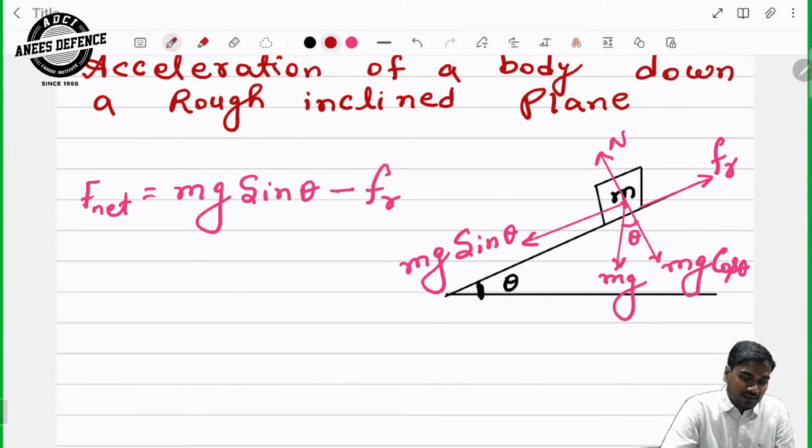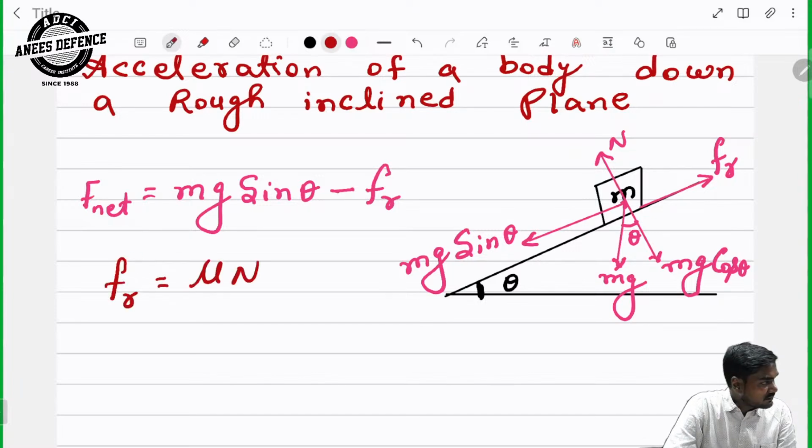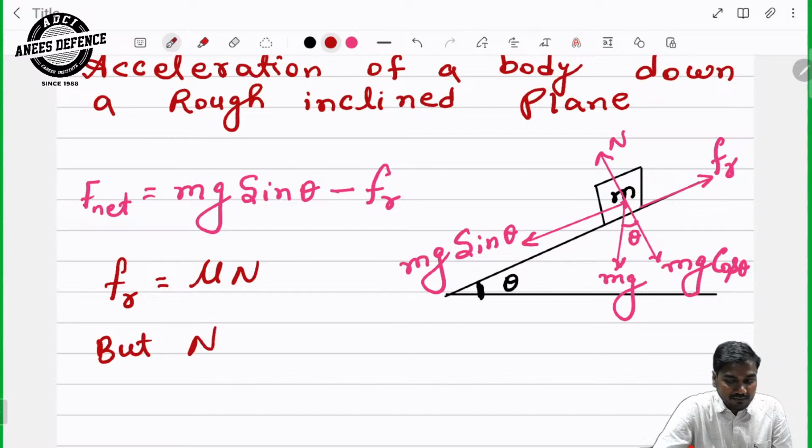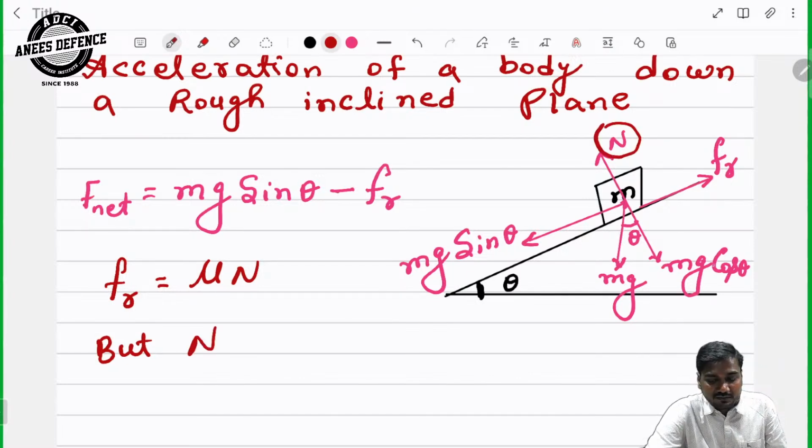And the value of friction force is mu into N. But what is N? Go through the diagram, it is not mg.